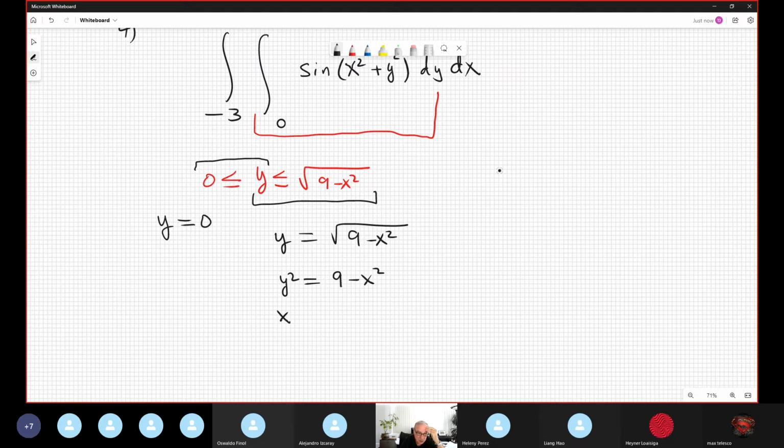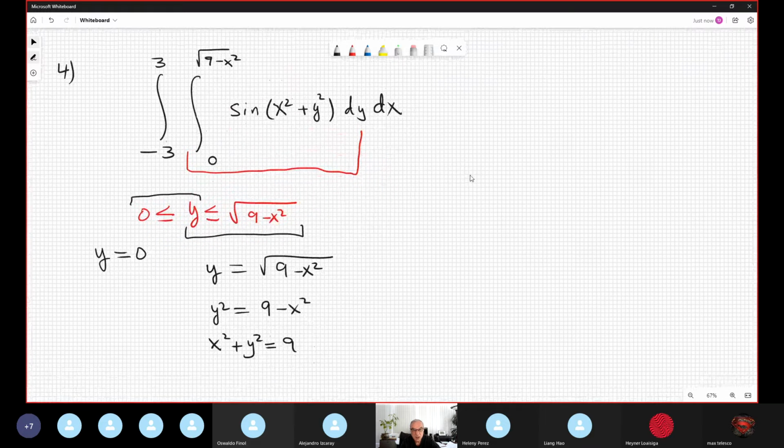I try to express it in standard form. I can see clear like water that this is a circle with a radius 3. So using this idea, I try to do my best in order to understand the region that some guy set up in this integral.